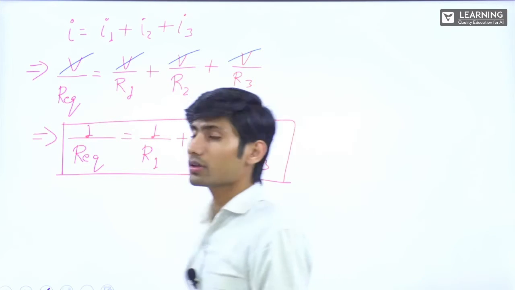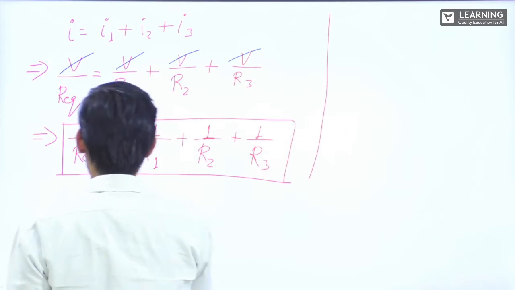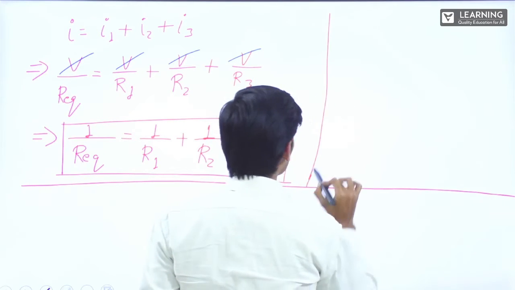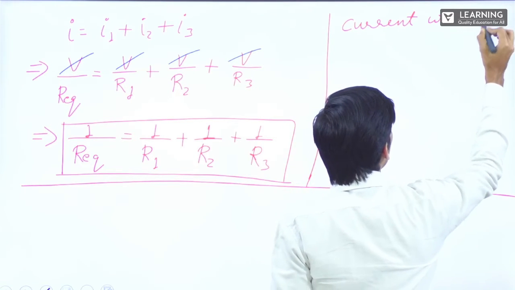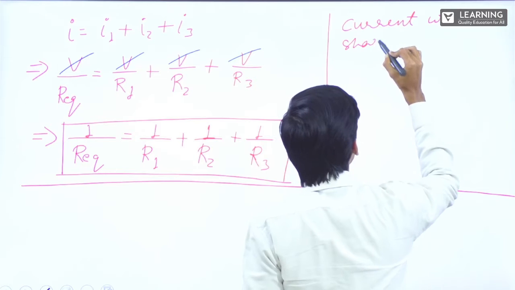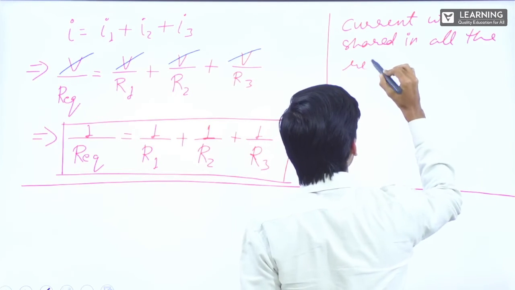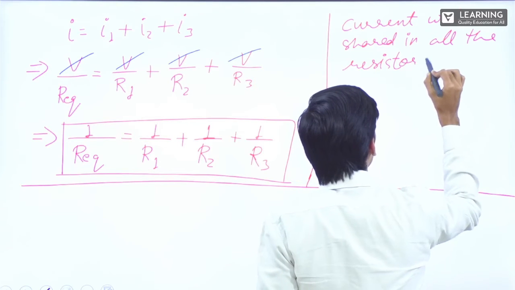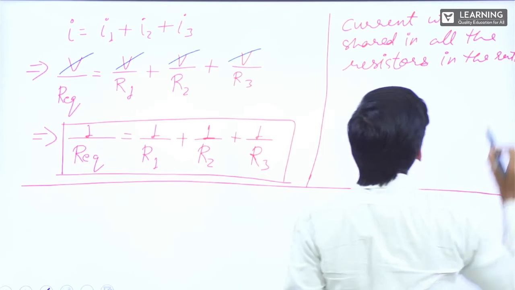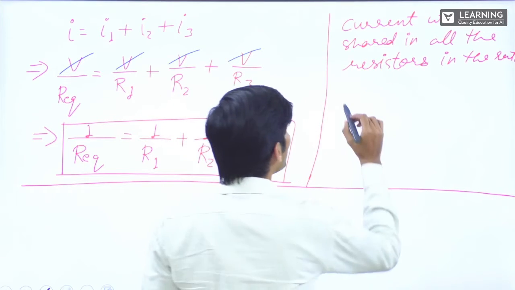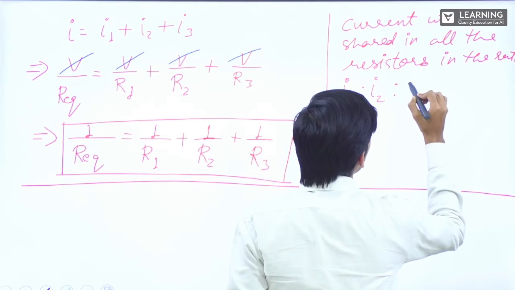Alright. Now, if I want to write in which ratio the current will be shared: current will be shared in all the resistors in the ratio I1 is to I2 is to I3, correct?